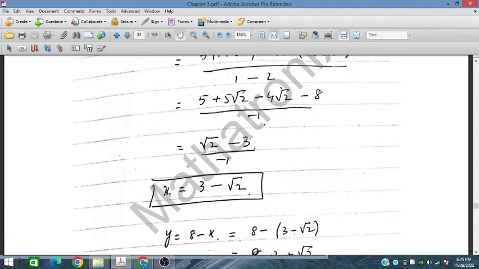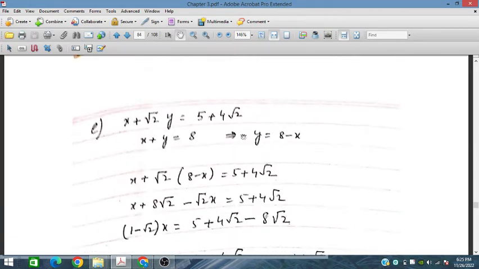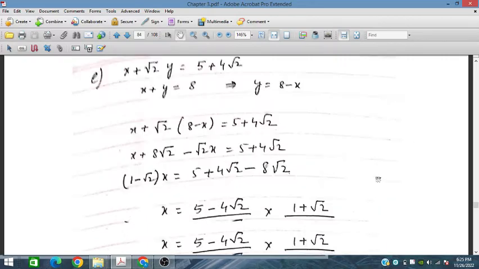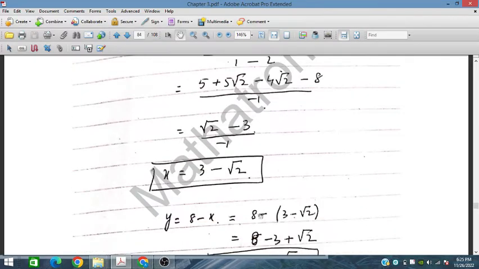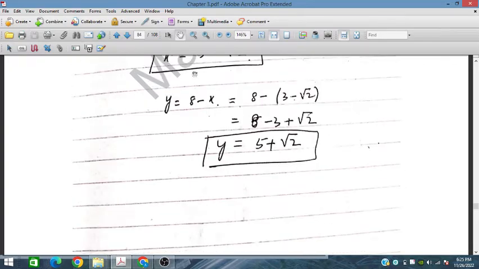Now we can place this in this equation, so we can obtain the value of y. We have placed this value in place of x. So the value of y is equal to 5 plus under root 2. So this is the answer.